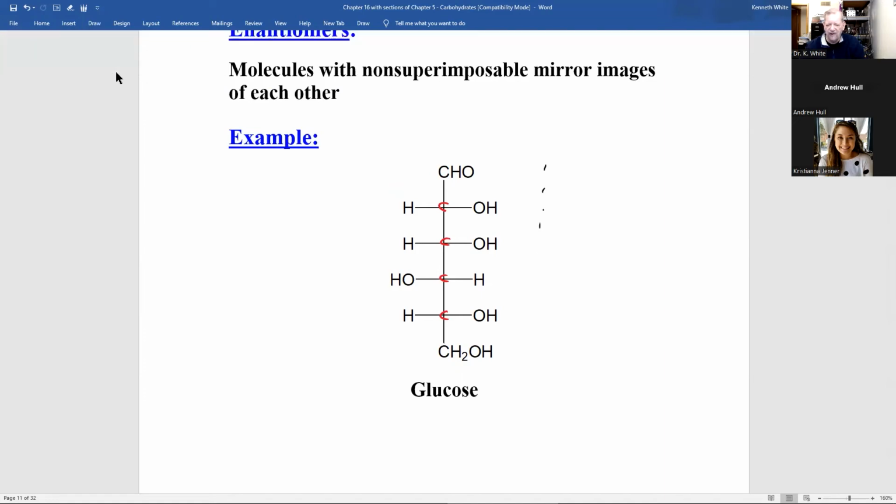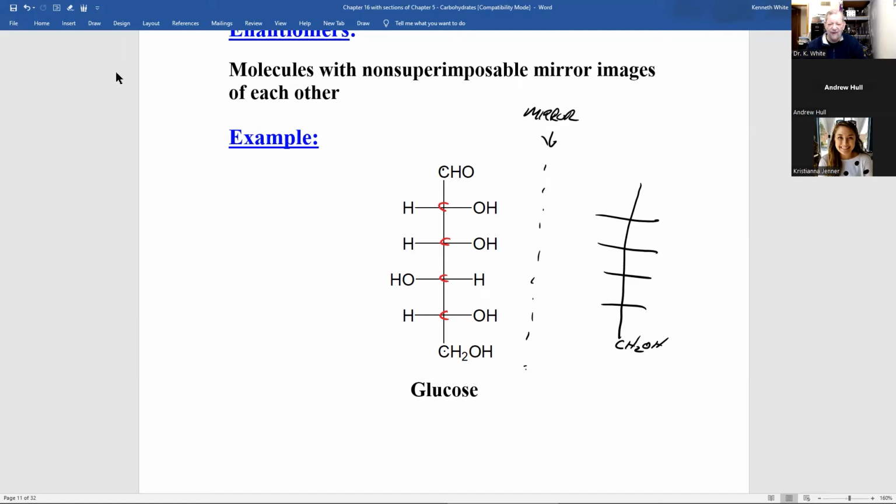Well, I like to put in my mirror. You don't have to, but this has always helped me. And then I'm going to have the backbone. Now, at the bottom here, this carbon is not chiral, so you don't have to write the mirror image, and I won't.